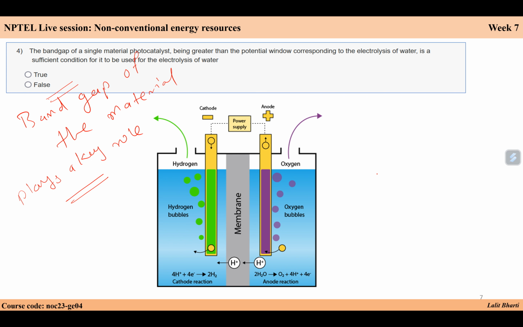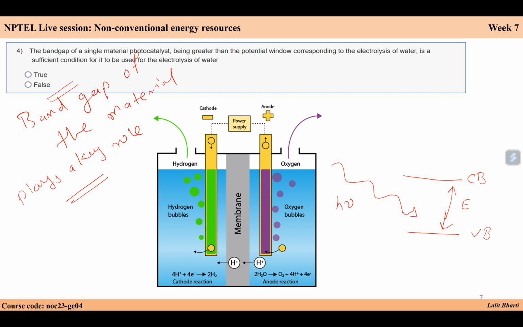So we'll see how. If we have some material, this is its conduction band, this is its valence band, and this is the band gap, let's say E. For photocatalysis, we need solar insolation, or we will have some photon incident with some energy h nu.